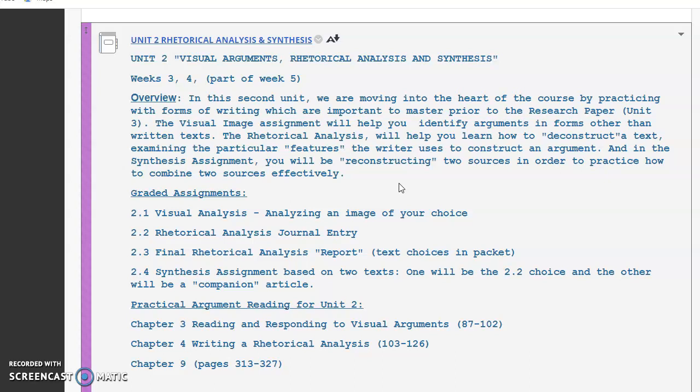So what we are going to be doing after we finish with the visual image is moving on to a rhetorical analysis. And that is very fancy English teacher speak for identifying what elements are present in a piece of writing that contribute to it being an effective argument.